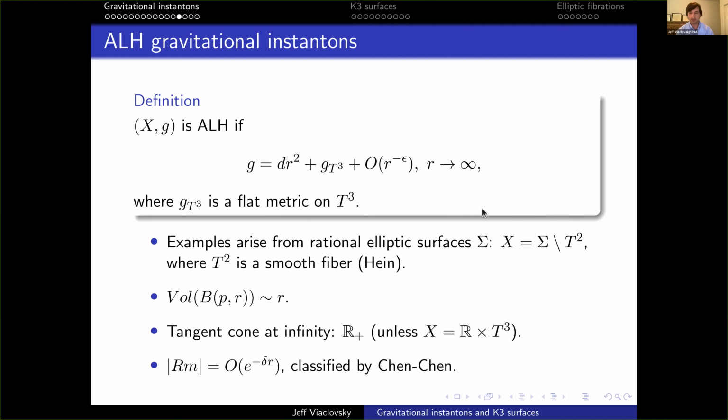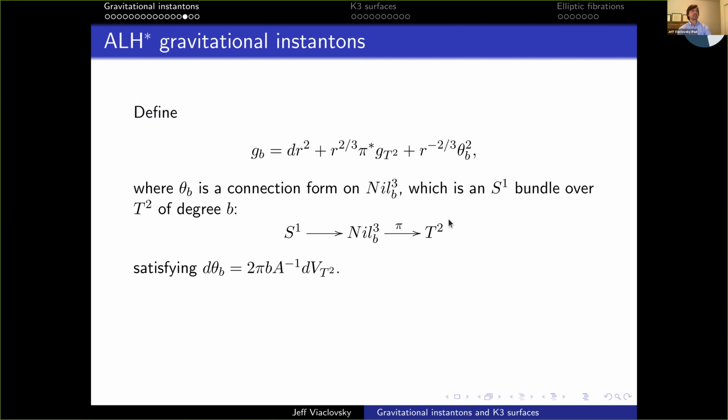Okay, one more class of examples: ALH star gravitational instantons. These are related to the ALG star, which we defined before. So define g sub B now. This is a different g sub B than before. It's dr squared plus r to the 2/3 times pi star of a flat metric on a 2-torus, plus r to the minus 2/3 times theta b.